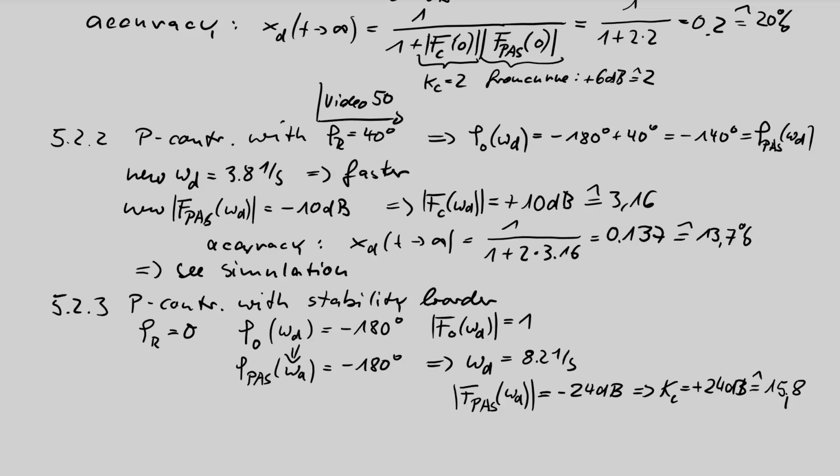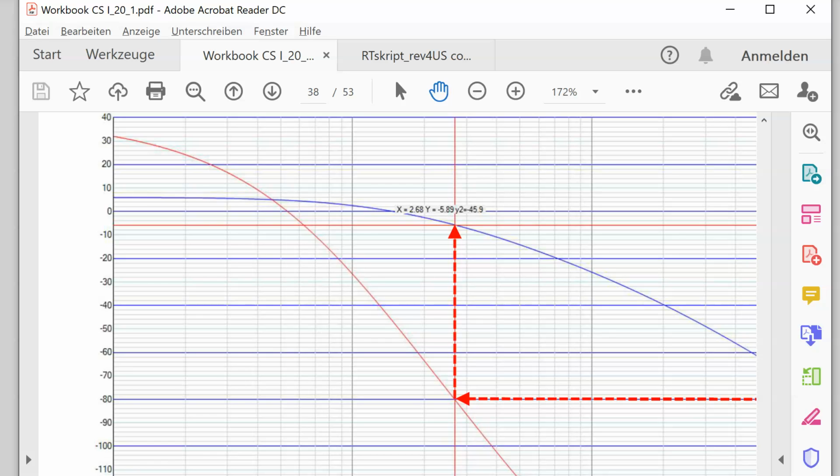After a view into my student paper, I've seen that in the past I have calculated this value to negative 22 dB. I just go back to the Bode plot, and that's really true. 24 is wrong. If I go up at 8.2, I see this point, and this point is negative 22.